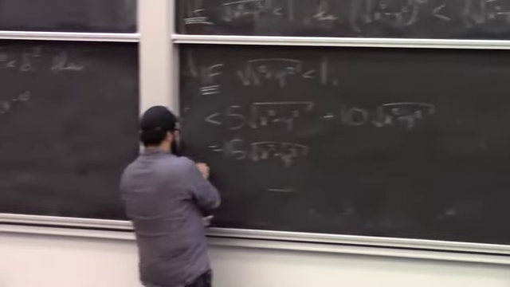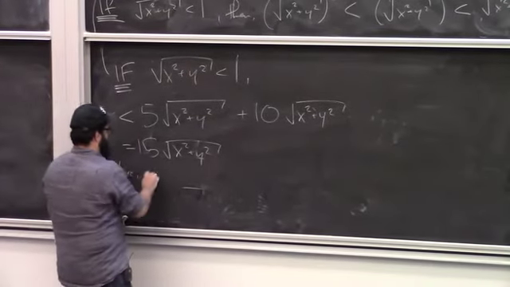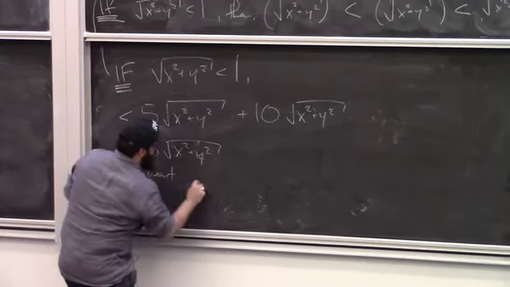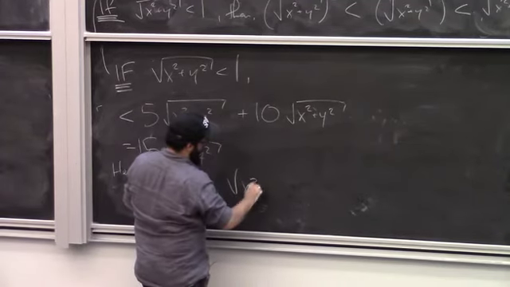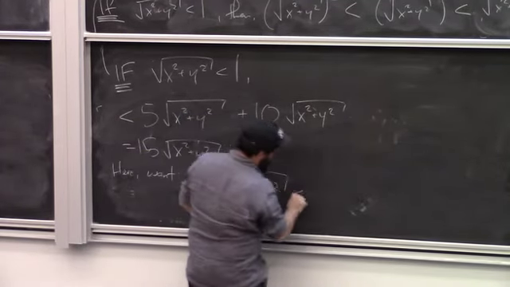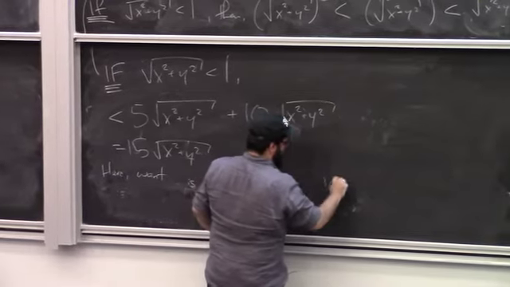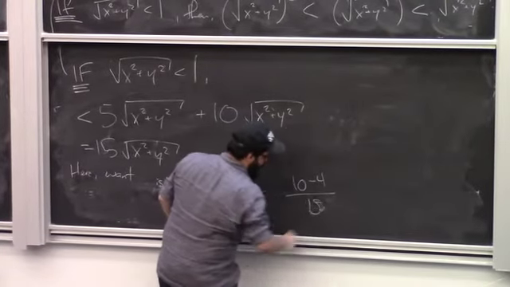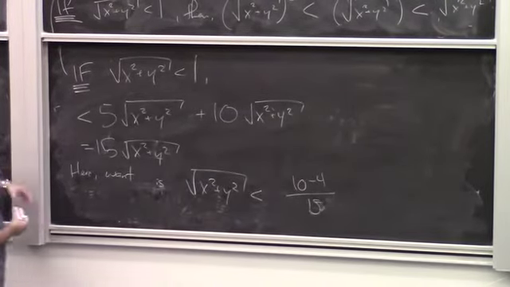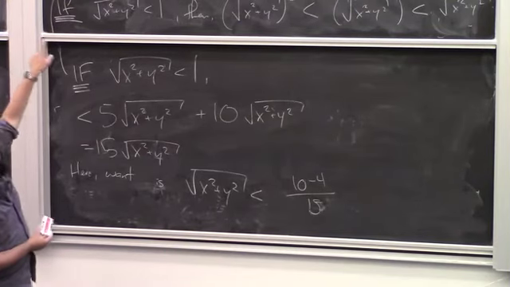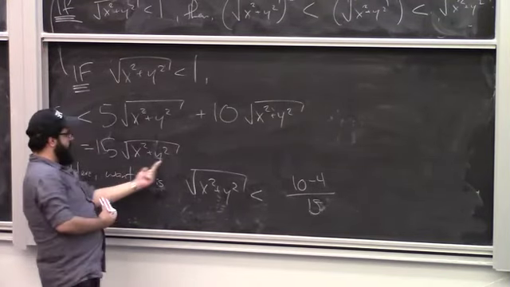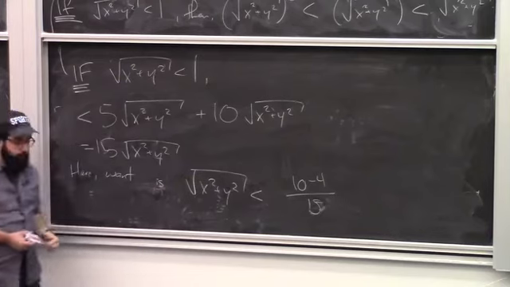So from here, what I want is that this quantity that I'm working with is less than 10 to the minus 4 over 15. Because if that's true, I will ultimately have proved that that giant quantity at the beginning is less than 10 to the minus 4.